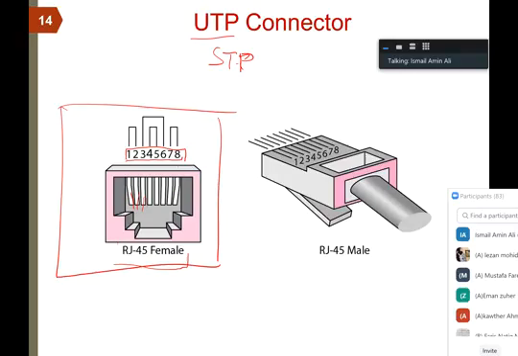So to connect your cable, you have to terminate it with this connector, and you have to do it properly. We have different configurations that I will show you how to do in the lab, when we start the lab.